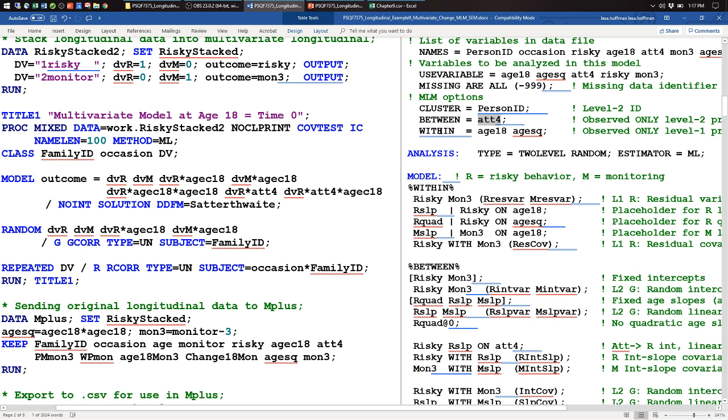You also have to define on the within statement any variables that are only level 1, so that it knows they can only go into the level 1 model or the level 2 model respectively. The type of model we are running is a 2-level model, and random means I'm allowing random slopes in addition to random intercepts. Estimator is maximum likelihood. Note that in SAS, we use ML for this model because REML doesn't exist in the world of multilevel structural equation models. So I ran everything in ML to be consistent.